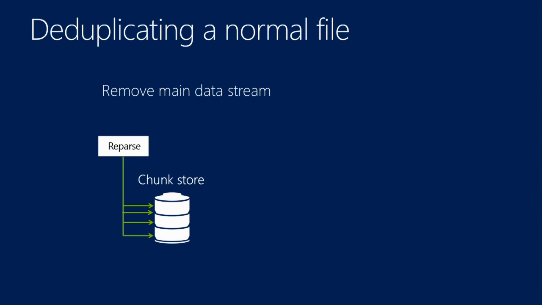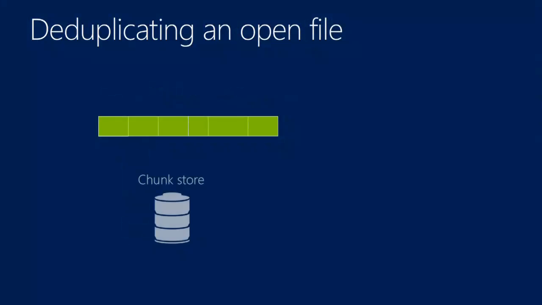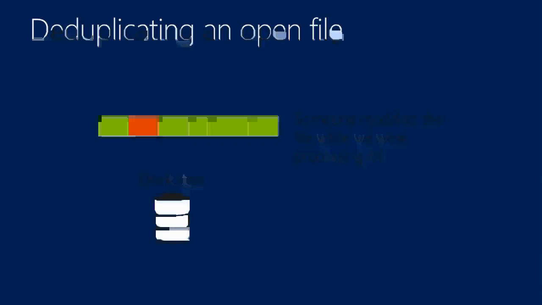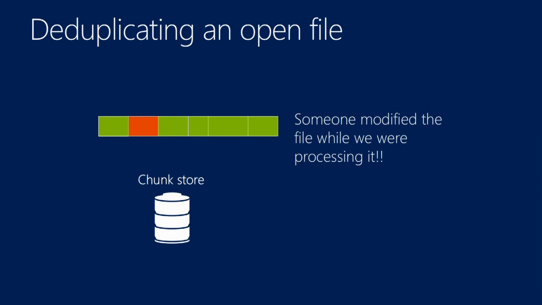What happens if that file is open and somebody comes and writes to the file while you're in the middle of the dedupe process? So, same thing, we've got a file, we're carving it up into chunks. One of the chunks gets modified while the file is open, and the deduplication process is in the works.